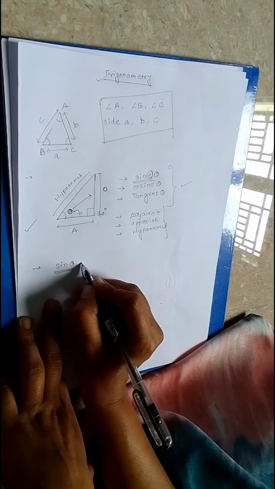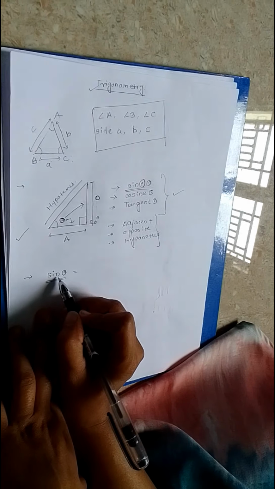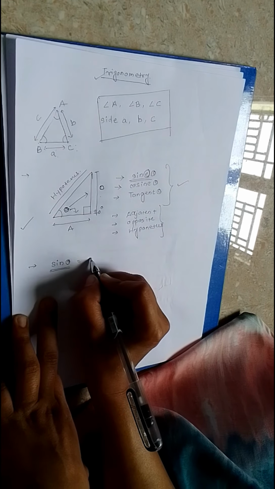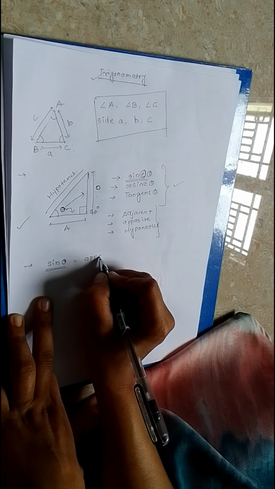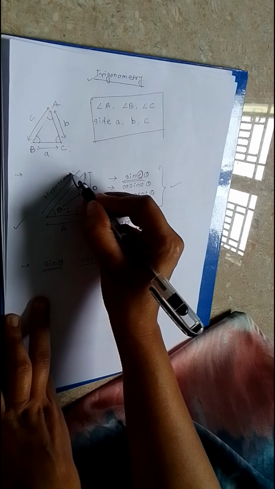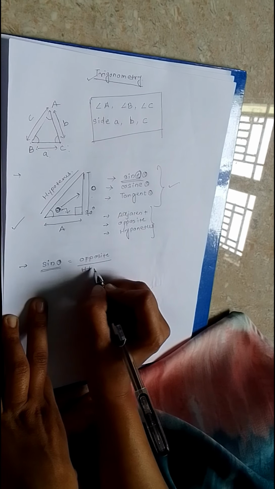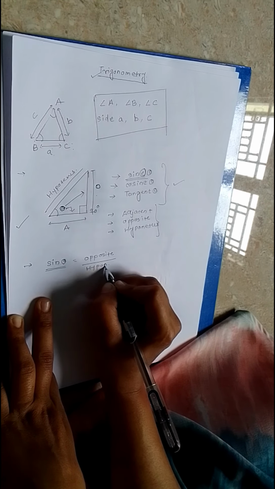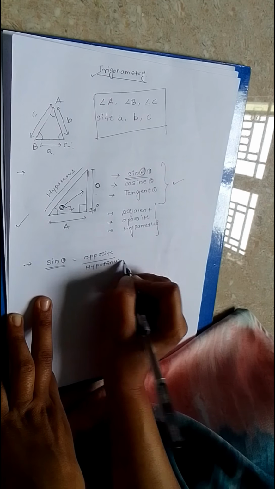How will we write it? The sine function of angle theta can be written as opposite side divided by hypotenuse.